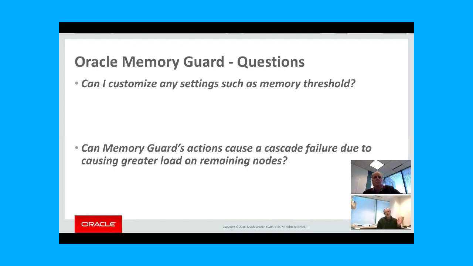Memory guard actions don't induce that kind of failure mode. What they do is simply stop the services on that node, so new connections can't be made to it. All the existing work will run to completion. So first off, you don't have any instance recovery required. So long as we act quickly enough and that's adequate for the memory trajectory and the usage of the memory, all the work will complete. Now, the work won't all complete simultaneously.